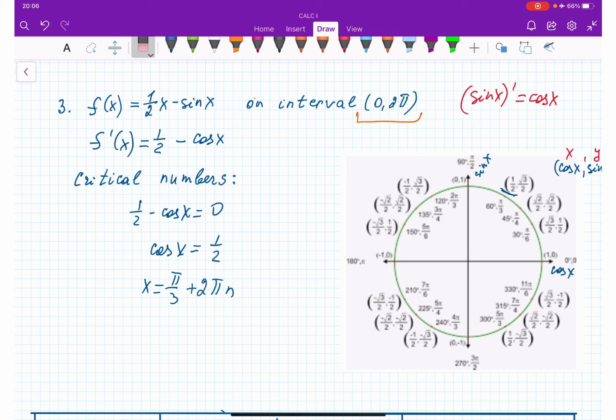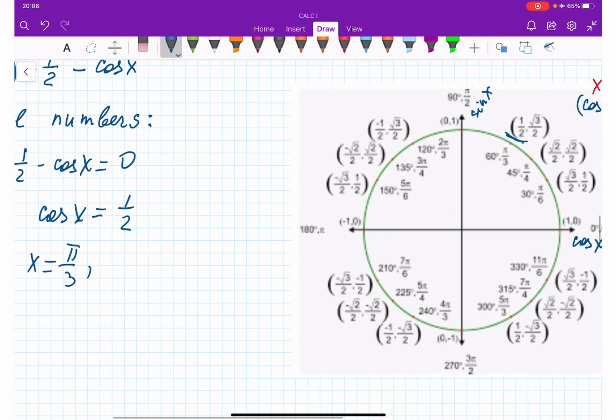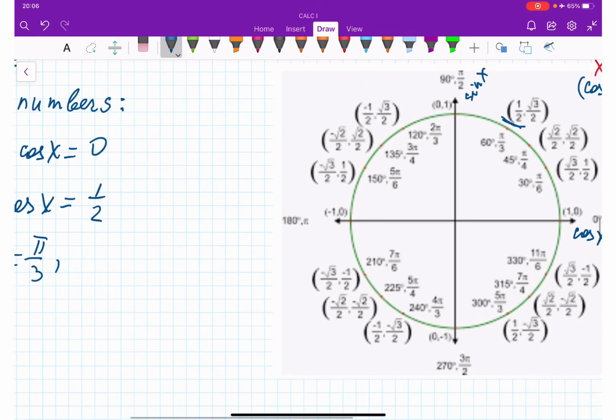But within 2 pi, which is 360 degrees, I can find one more point, right? This point also has first coordinate 1/2. Here it is, which is going to be 5 pi over 3.